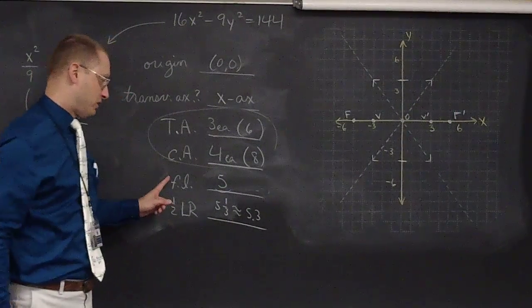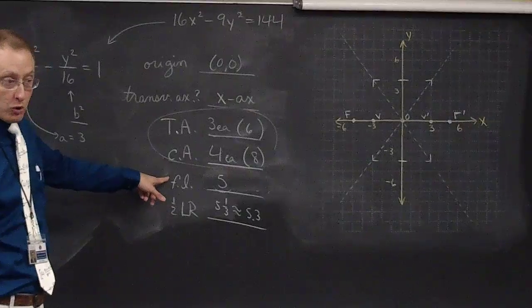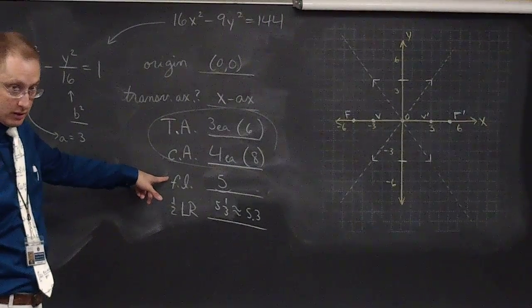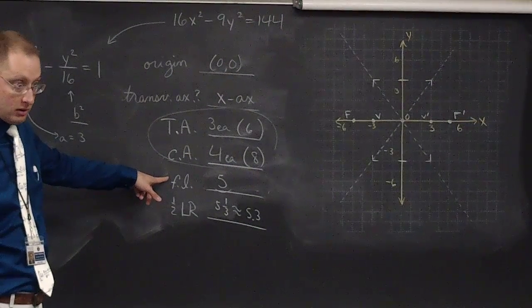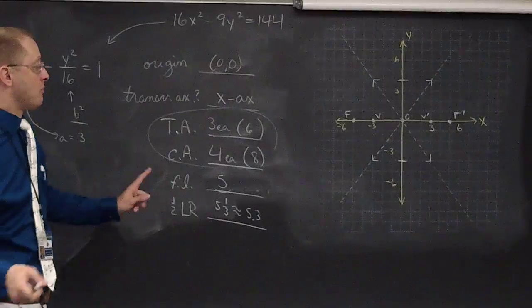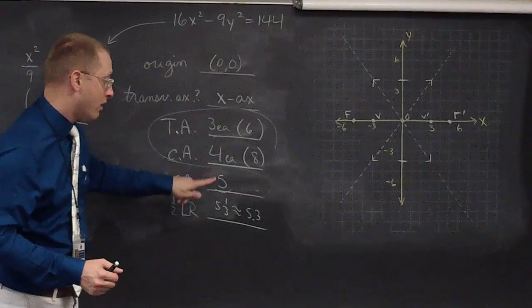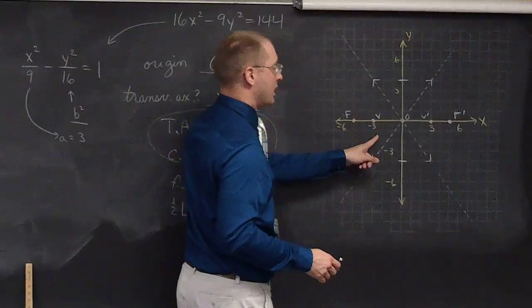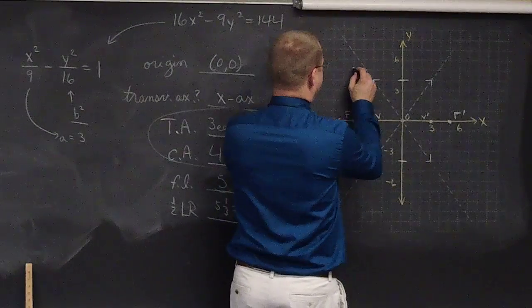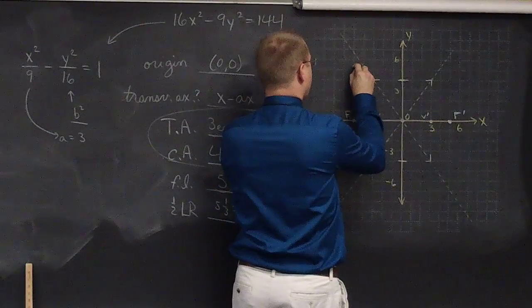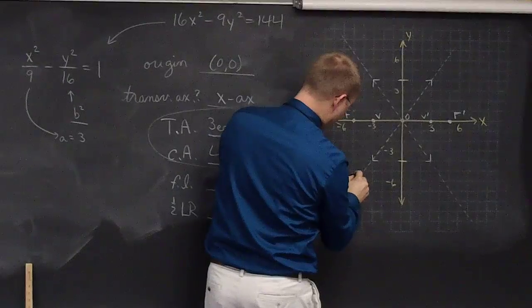All right, through the foci, we have our focal chords, the latus rectum. They're going to be perpendicular to the x-axis, so we're going to go up and down 5.3, not from the vertex, but from the focus. Up 5 1/3, and down 5 1/3.